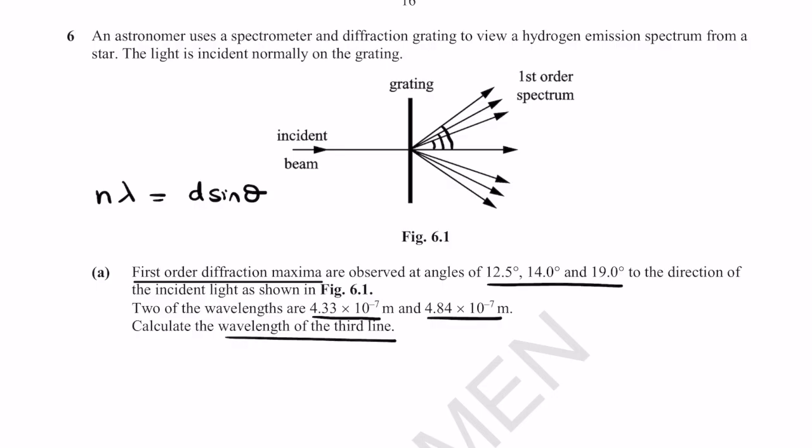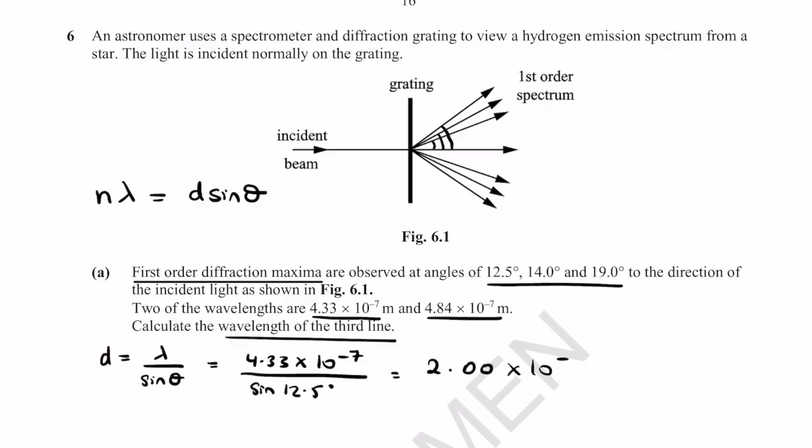So anyway, d is equal to n lambda over sine theta. I'm just going to get rid of n because that's just 1. Lambda for the first one is 4.33 times 10 to the minus 7 over sine of 12.5 degrees, and that gives me a nice number, 2.00 times 10 to the minus 6 meters.